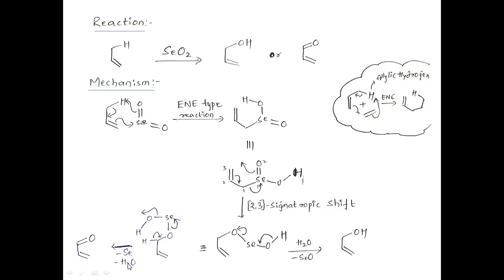It is eliminated as a water molecule, dehydration, and elemental selenium is removed. So we got an alpha beta unsaturated carbonyl compound. So this is the detailed mechanism of how the alkene in presence of selenium dioxide gives allyl alcohol or else alpha beta unsaturated carbonyl compound.